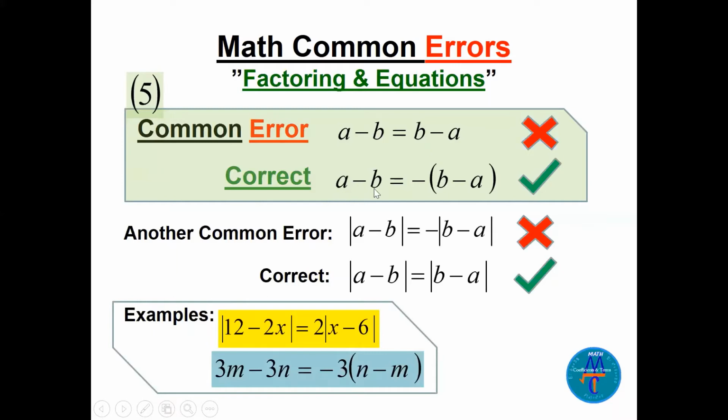Now, A minus B, if I take a common factor here, always we see this in mathematics: A minus B equals minus, in the bracket, B minus A. Because if you multiply this, see, this minus with the B gives minus B, minus with the A.